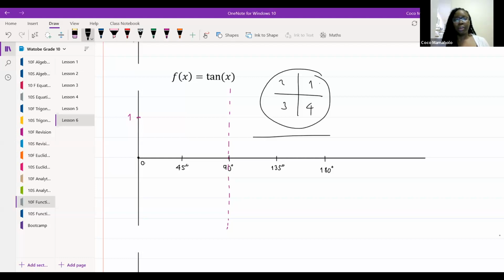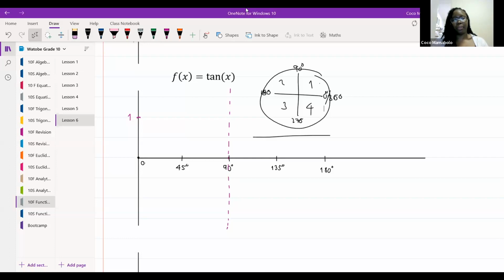Over here, this is 90 degrees, this is 180, this is 270, and this is back at 360 again. I'm doing the same thing, but in a line. Excellent question. Very nice question.